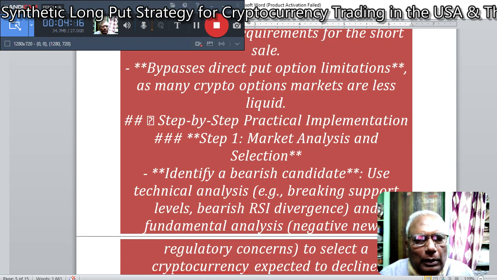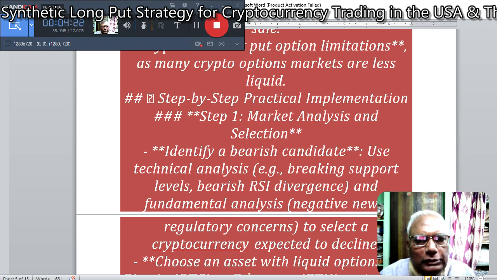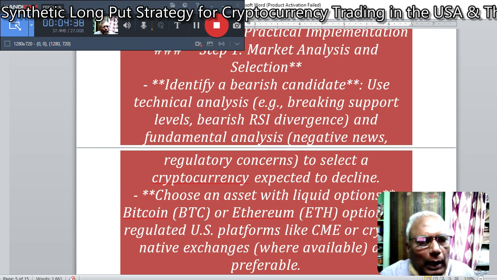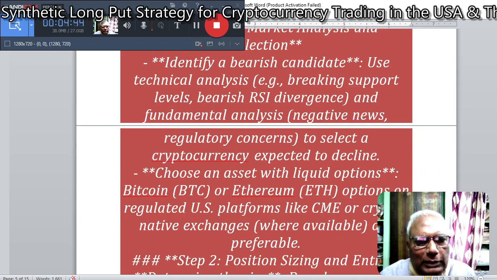Step-by-step practical implementation. Step 1. Market analysis and selection. Identify a bearish candidate. Use technical analysis, e.g. breakdown of support levels, bearish RSI divergence, and fundamental analysis, negative news, regulatory concerns, to select a cryptocurrency expected to decline.